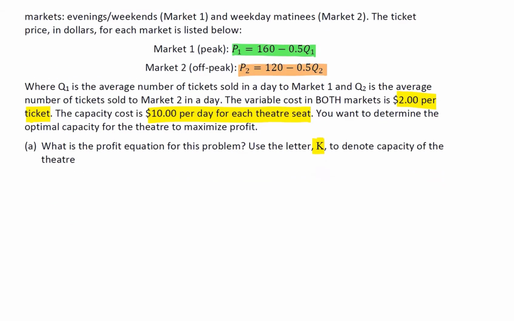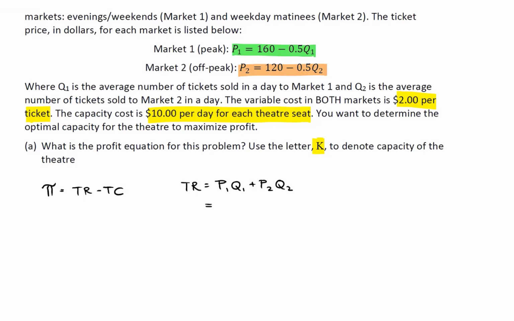Okay, so setting up a profit equation. Profit is going to be equal to revenue minus cost. That basic relationship remains the same. Now, what is my revenue? Total revenue is going to be equal to P1 Q1 plus P2 Q2.